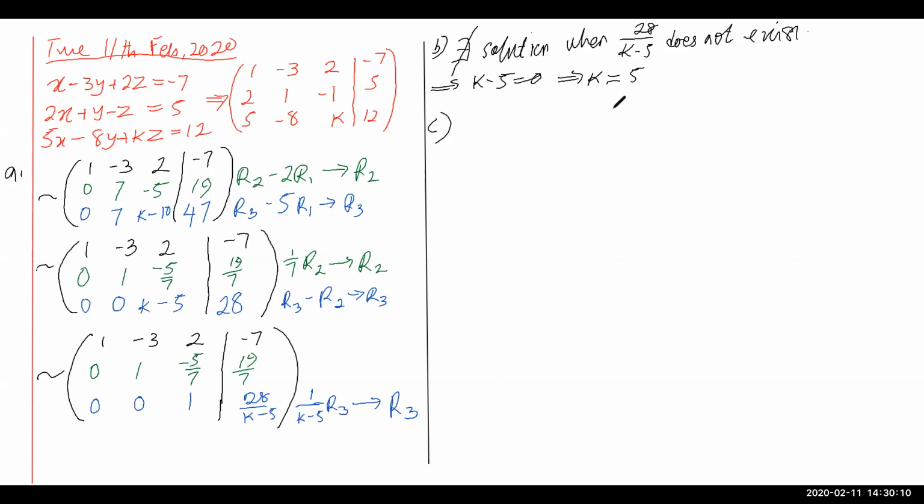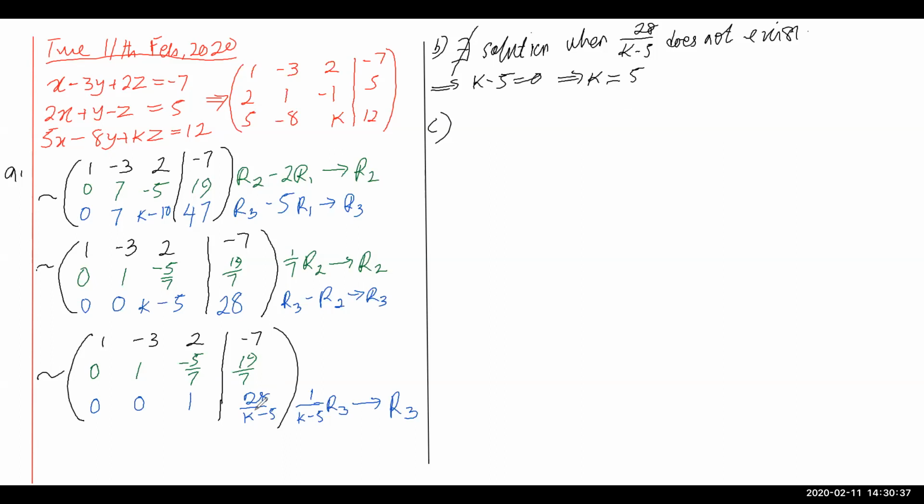Yes, every other number except for 5. Okay, so we want to show that for all other values there is a unique solution. So if k is not 5, definitely x will exist, right? Y will exist from this echelon form. Can everybody see this? So if k is not 5, then z is equal to this automatically.